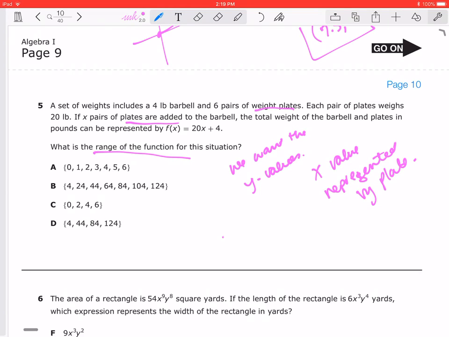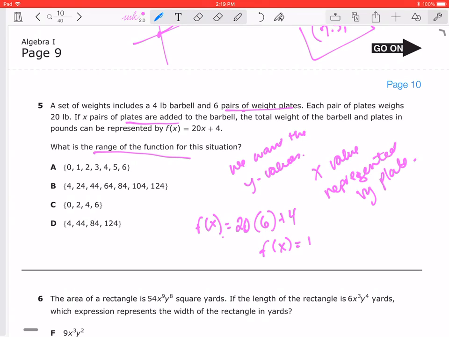All right, so now the weight of the plates, so we're talking about 6 pairs of weighted plates, all right? So then if I have an x value of 6, 20 times 6 plus 4, all right, so now I'm going to put that in my calculator. 20 times 6 plus 4 is going to give me 124.